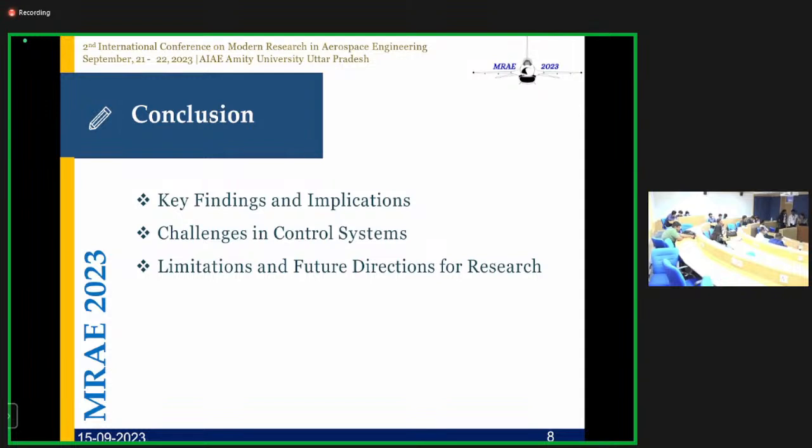They provide the necessary mechanism for controlling the vehicle's altitude, attitude, speed, navigation, etc. The types of control systems discussed in my paper include manual control, remote control, autonomous control, and different levels of automation as well. So different types of control systems cater to various operational needs. 2 minutes left.